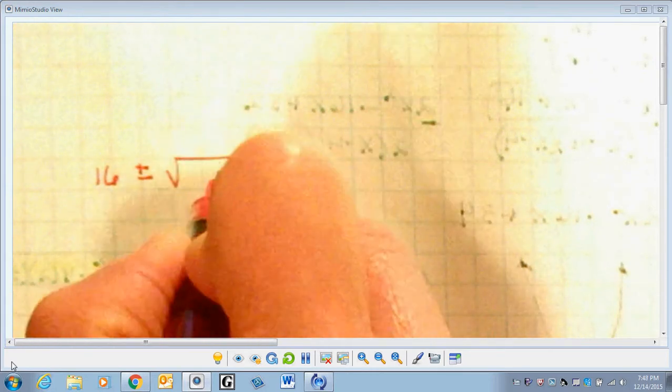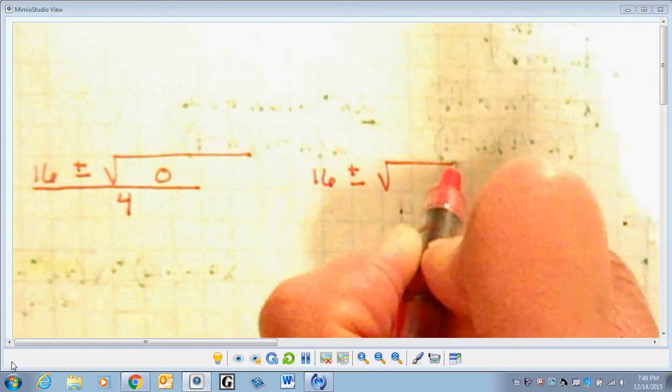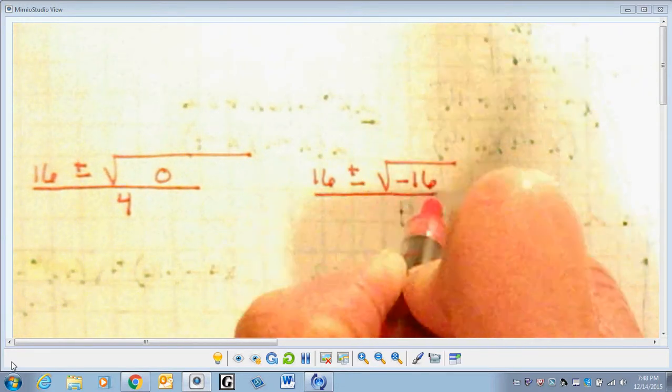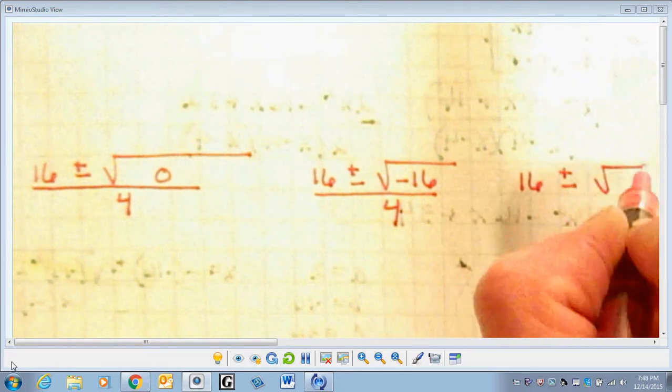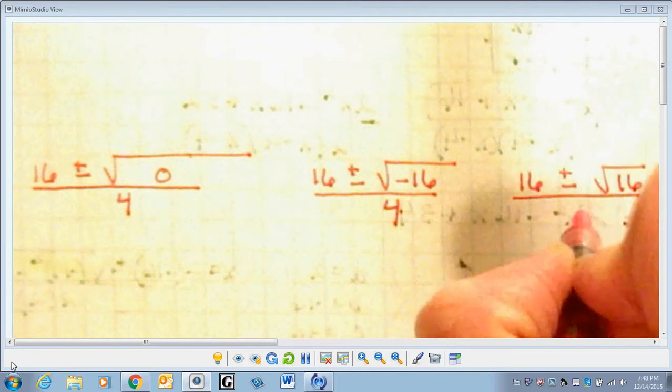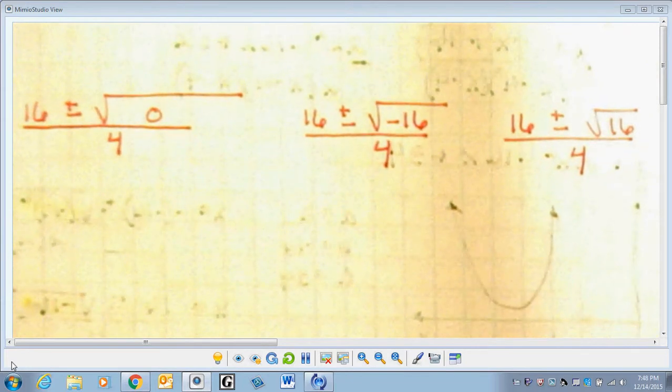So what did we have? We had 16 plus or minus the square root of 0 all over 4. And then the other one was 16 plus or minus the square root of negative 16 all over 4. And then we had 16 plus or minus the square root of 16 all over 4. Okay? So those were the three that we had come up with.